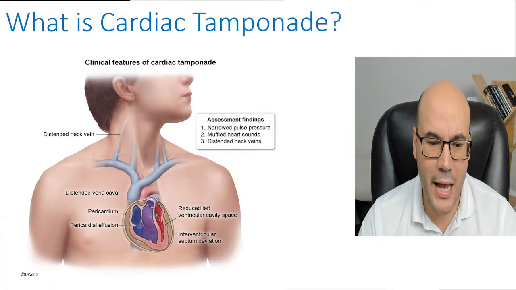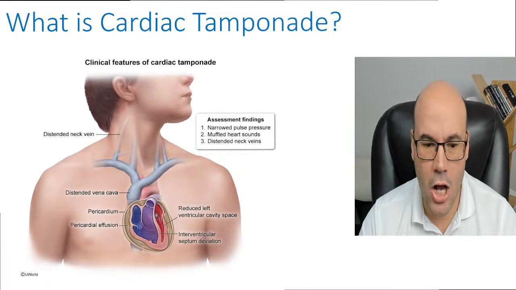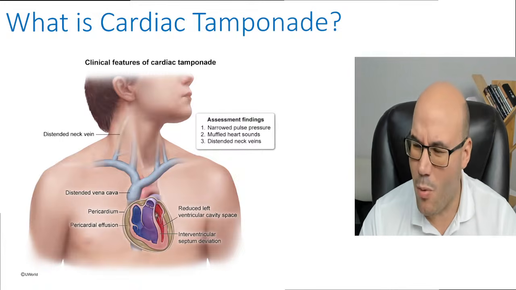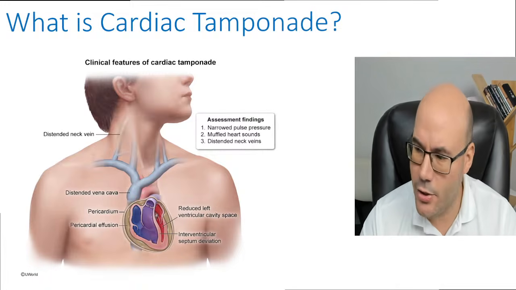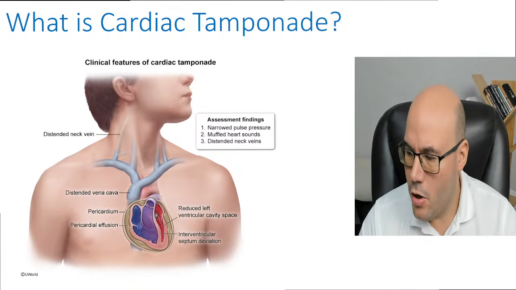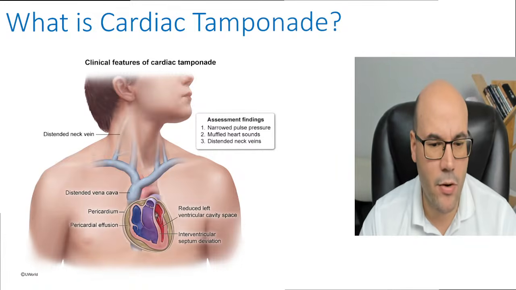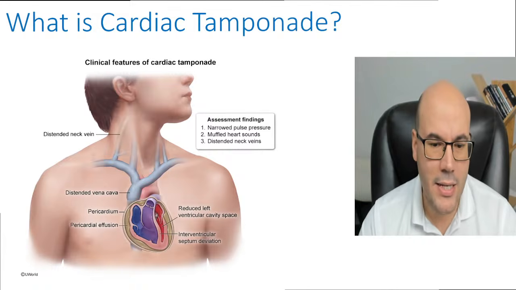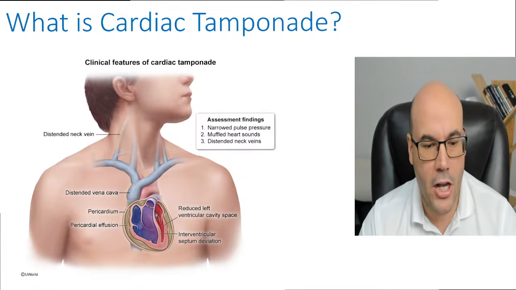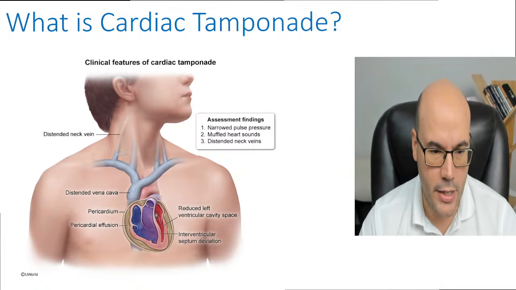So what is a consequence of this cardiac tamponade? Well, we can see deviation of the interventricular septum. Why do we see deviation of the interventricular septum? What's the reason behind this? The reason is because there is reduction of the cardiac venous drainage.